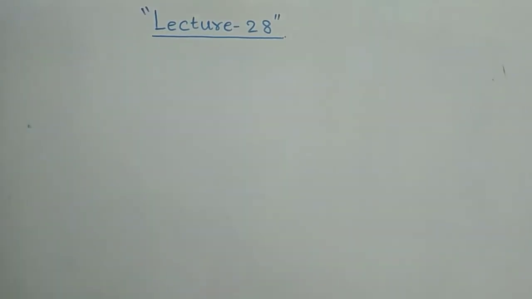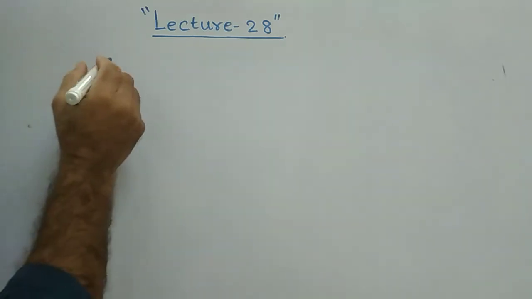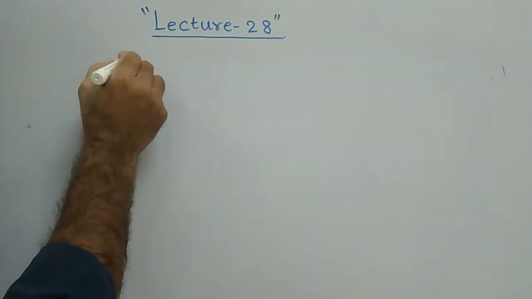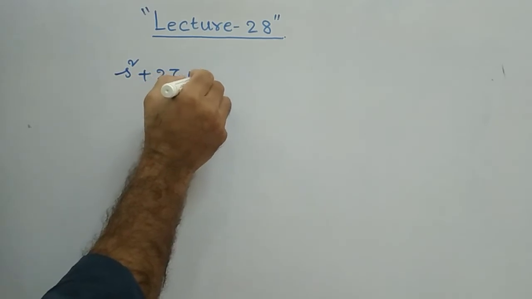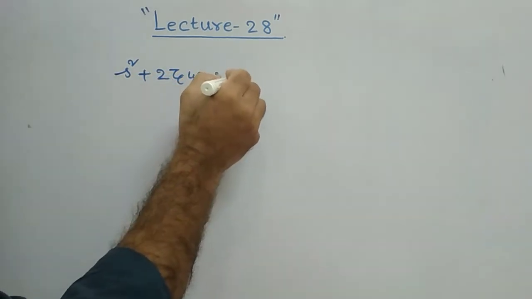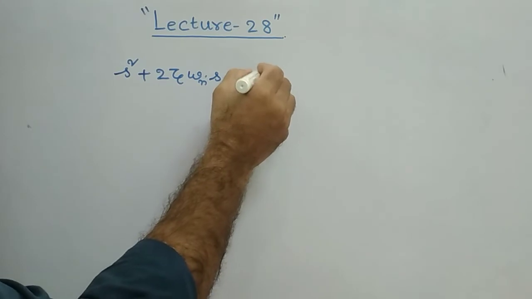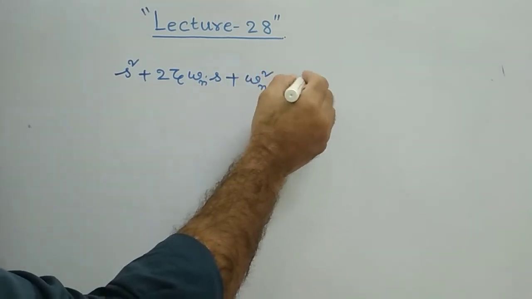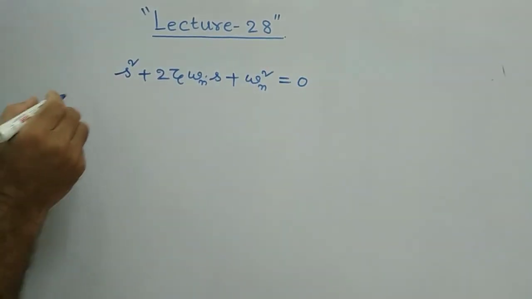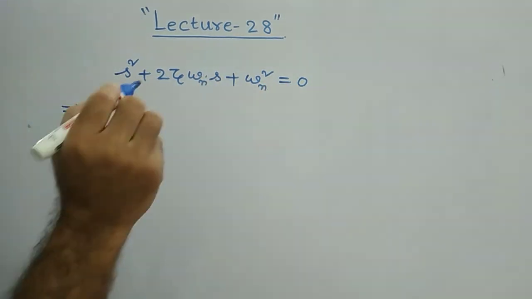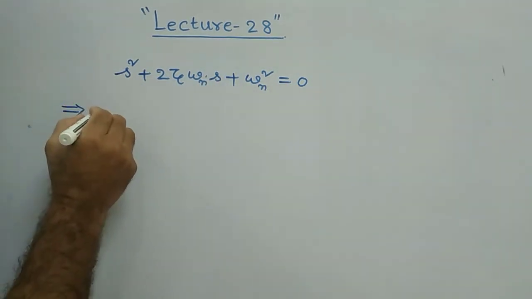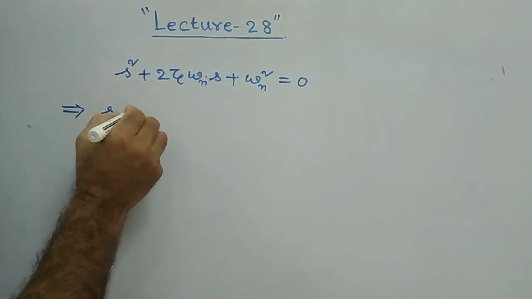So from the characteristic equation, that is S square plus 2 times zeta omega n into s plus omega n square equal to 0, you find out the roots. It has two roots, called s1 comma s2.